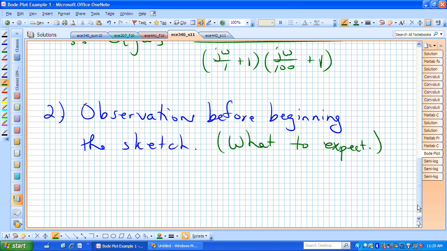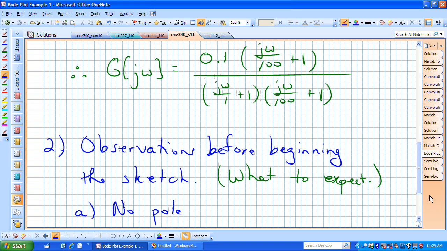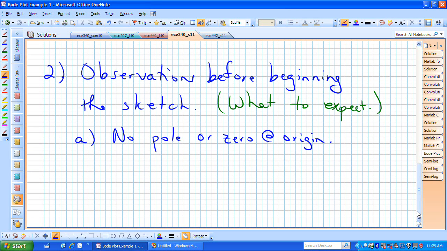There are several things that we can observe in this process. One is the absence of something, and the absence of what I'm looking for is there is no pole or finite zero at the origin. There's no s term in the initial transfer function in the numerator by itself or in the denominator by itself.